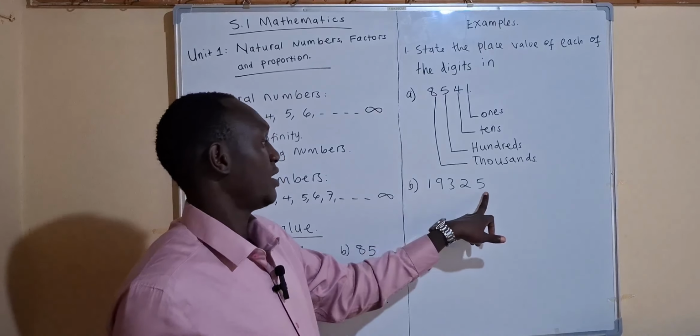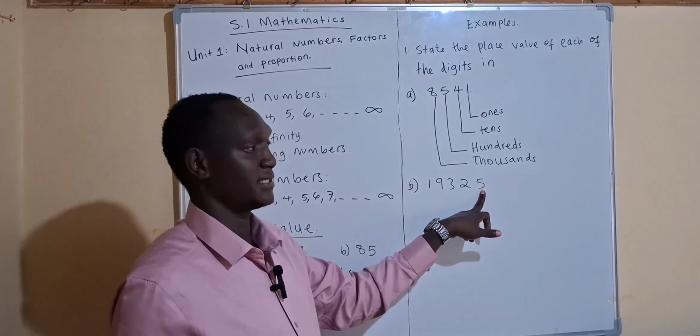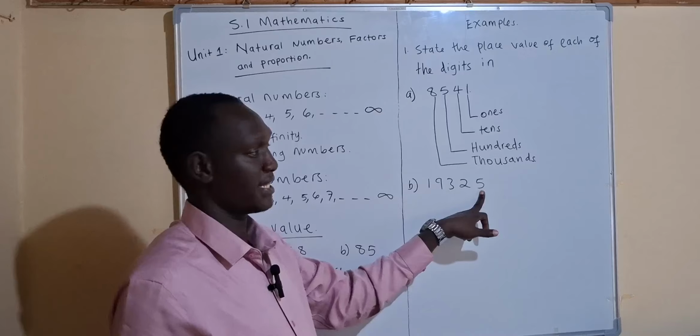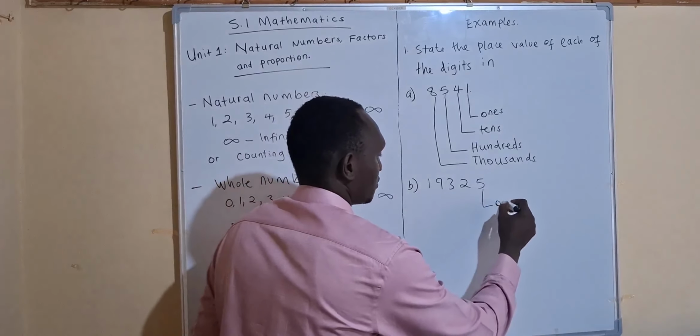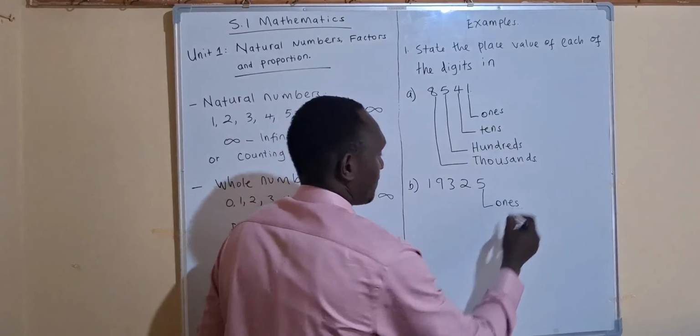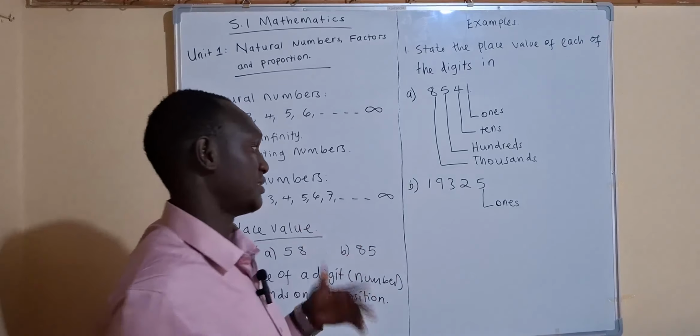We say it from the extreme end here. This number shows us how many ones are there. So by place value, this is a place of ones. That means in that number there are 5 ones.